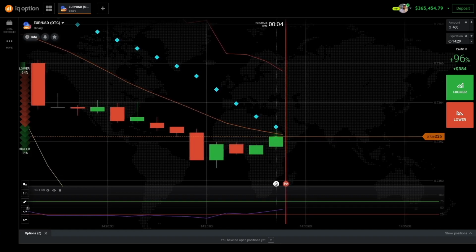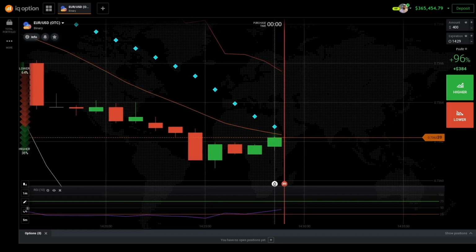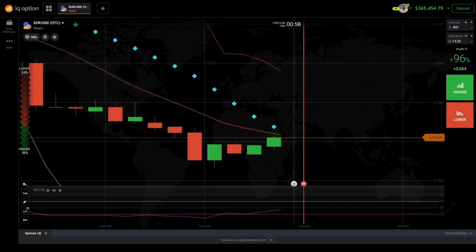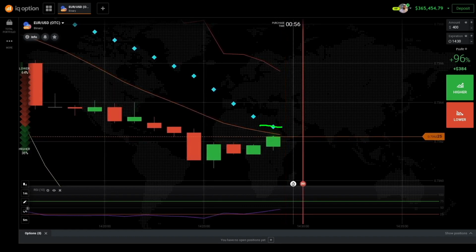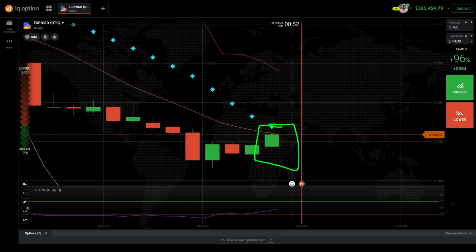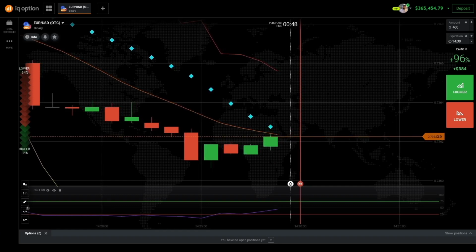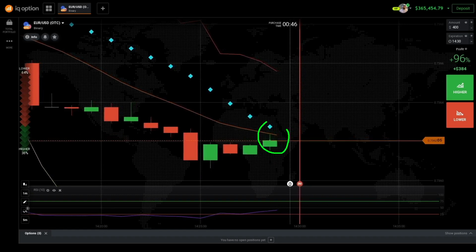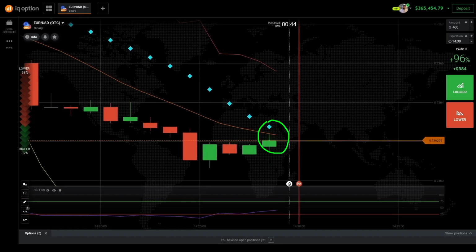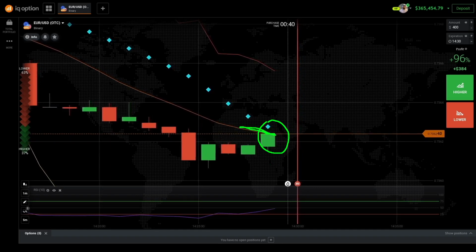Here, it's not that clear. Yeah, this one I'm not sure about. Because look, it's going over the parabolic SAR, right? Over the parabolic SAR. It's touching this red line.